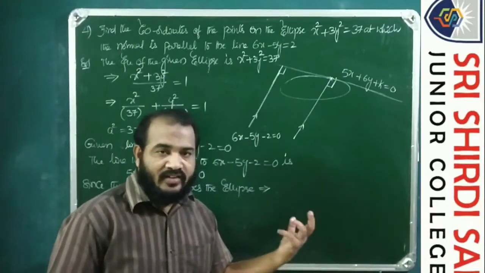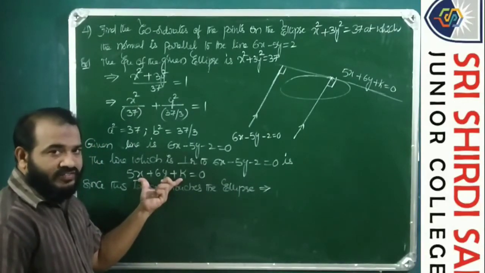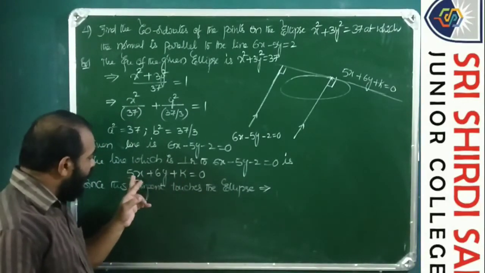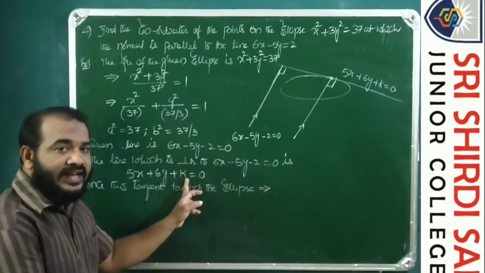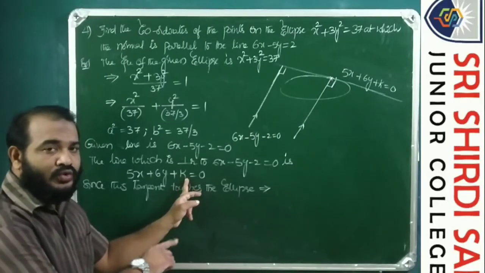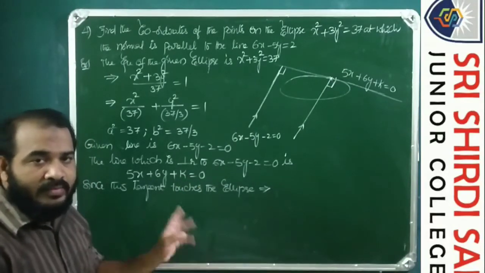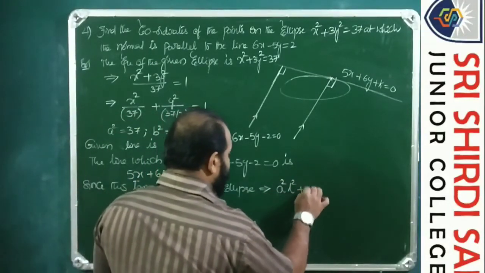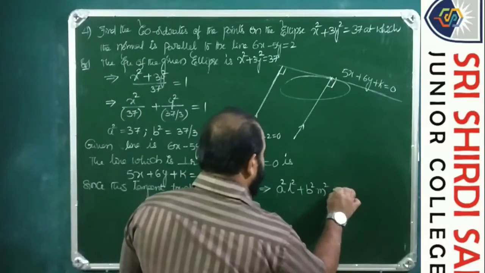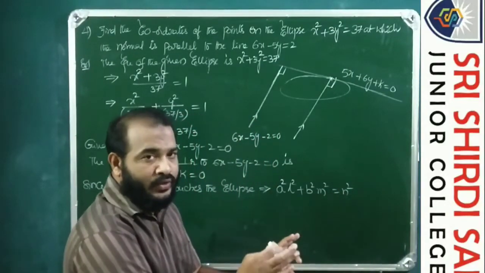But if you are not interested to convert this into y equals to mx plus c, then this is of the form lx plus my plus n equals to 0. And the condition for the line lx plus my plus n equals to 0 to be the tangent to the ellipse x square by a square plus y square by b square equals to 1 is a square l square plus b square m square equals to n square. In both the ways you can do it.